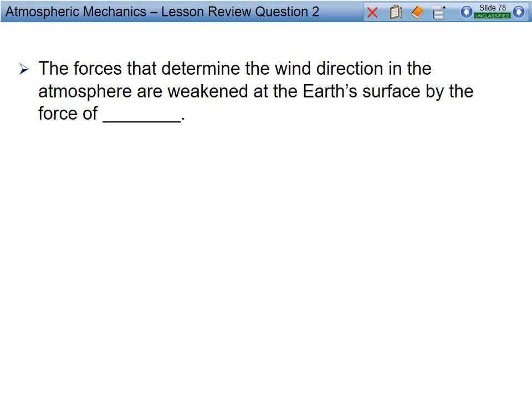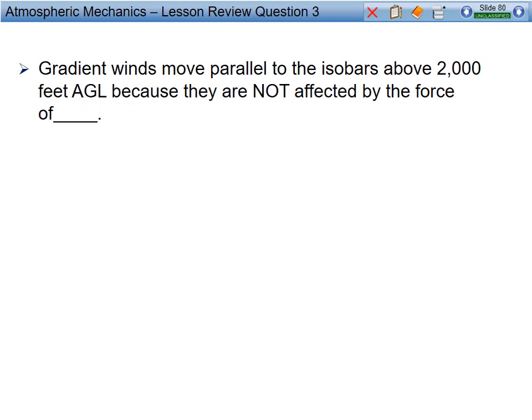The forces that determine the wind direction in the atmosphere are weakened at the Earth's surface by the force of friction. Gradient winds move parallel to the isobars above 2,000 feet AGL because they are not affected by the force of friction.